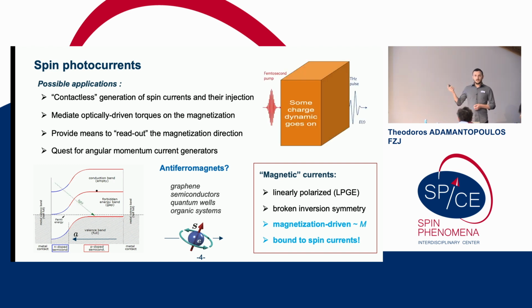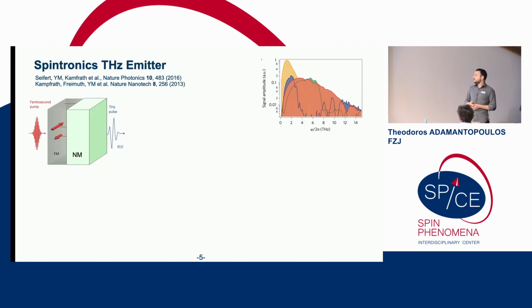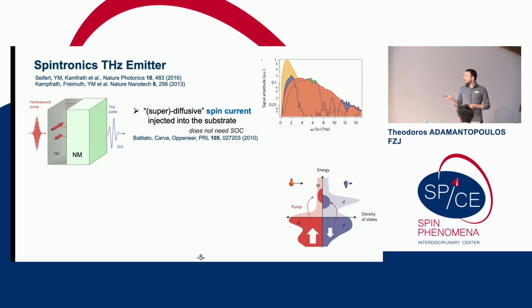One easy way to access those photocurrents is through the well-known setup of the spintronics terahertz emitter. In this setup, we have a ferromagnetic layer which is in-plane magnetized, and it is coupled to a non-magnetic layer. When a femtosecond laser pulse acts on the ferromagnetic layer, a traditionally called superdiffusive spin current is created without the need of spin-orbit coupling, and then it flows into and is injected into the substrate.